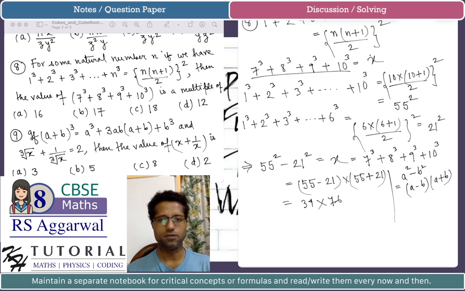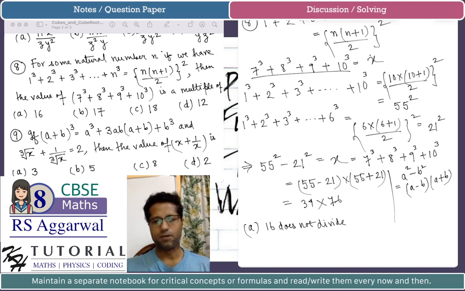Now we have to see among the choices which one is such that this number, 34 multiplied by 76, is its multiple. Now choice A: does 16 divide 34 multiplied by 76? 16 does not divide it, that is, 34 multiplied by 76 is not divisible by 16.